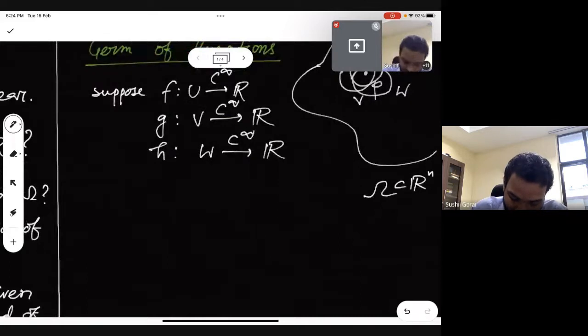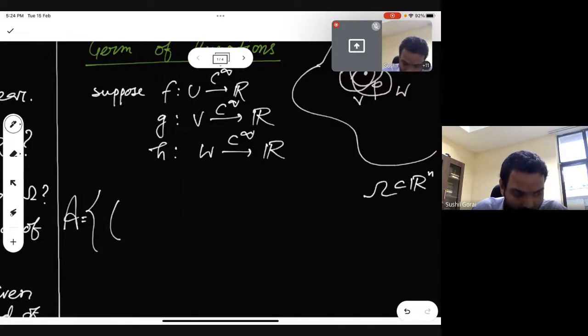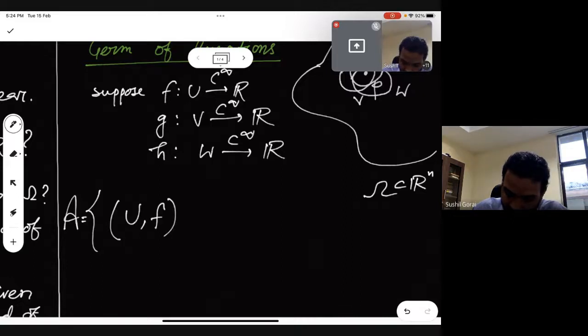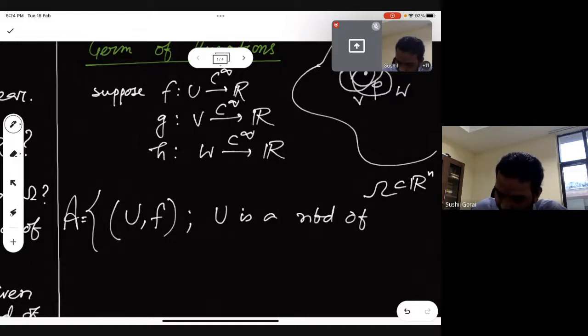So consider the set as follows. Consider script A, the pairs (U, f), where U is a neighborhood of P and f from U to R is C infinity.